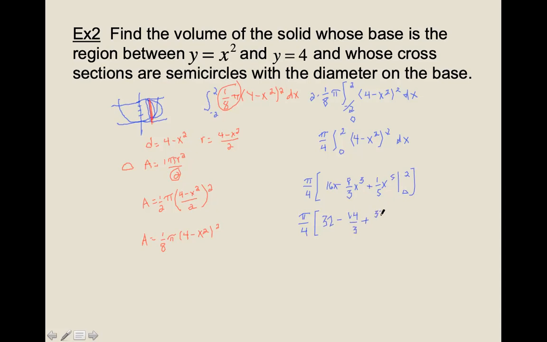So the only difference between this and our last problem was we multiplied by 1/2 at the end. And in this case, we're going to multiply by pi over 4. So we have pi over 4 times, and I believe it was 256/15 is what we had.